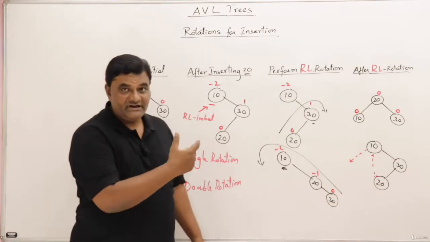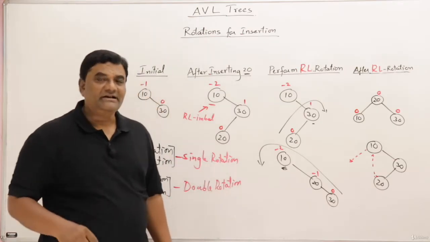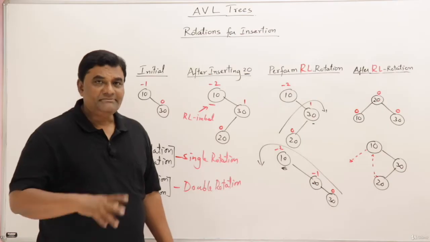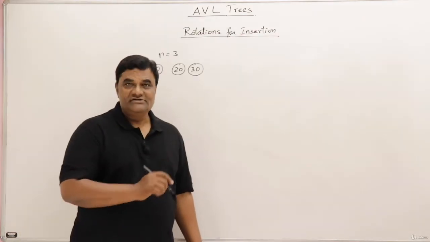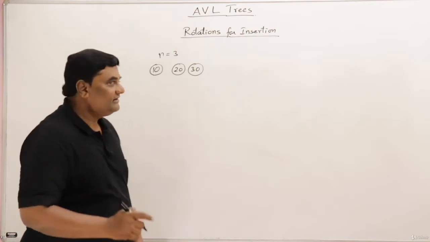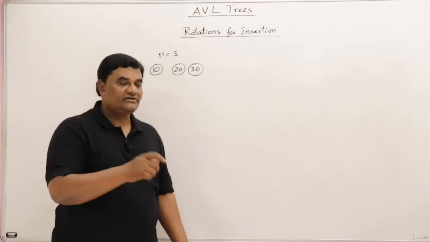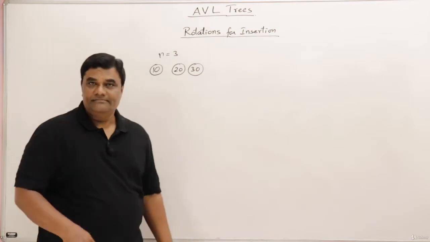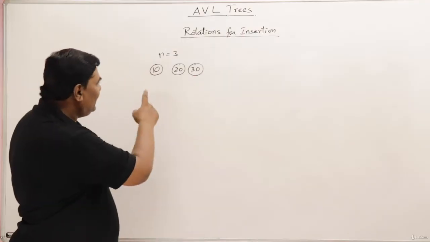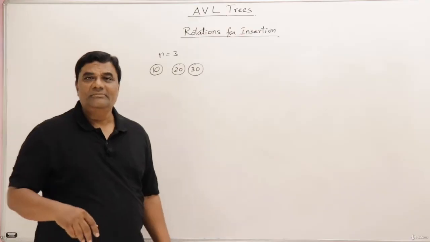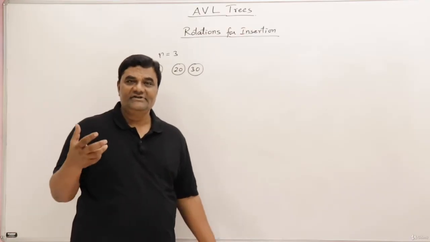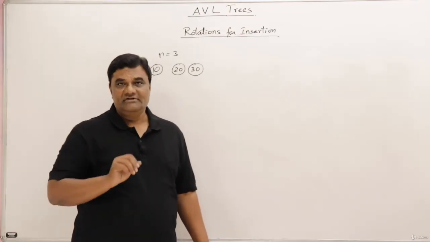Now out of 4 rotations, I'll give you one observation that may be very useful for you. That may be logically useful for you. Observe this one. So out of 4 rotations, what is the observation? Look at here. So using 3 keys or 3 nodes, so I have 3 nodes, that is 3 keys. Using 3 keys, how many different binary search trees we can form? 5.